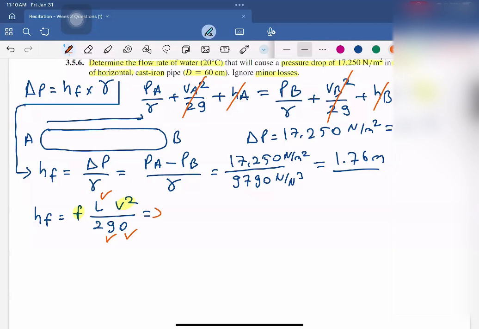So from here, if you write everything we have, 1.76, and length is 350 meters times v square.